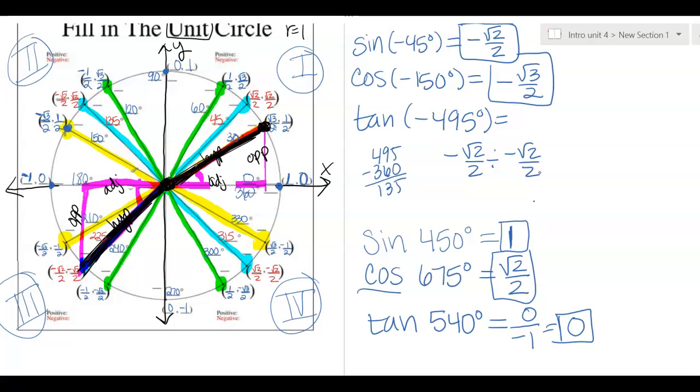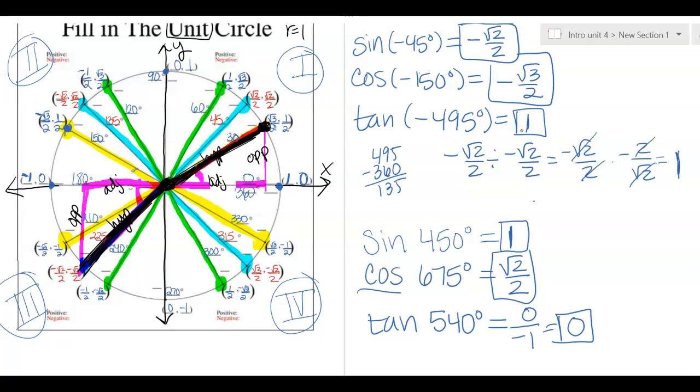I'm going to go through the calculation, but then you guys will hopefully, to save yourself sometimes, and if not, it's okay, recognize a pattern here. So the rad 2's cancel and the 2's cancel. What am I left with here? 1, okay? And a positive 1 because it was a negative with a negative, so it ends up being a positive. So the tangent at 495 is 1.